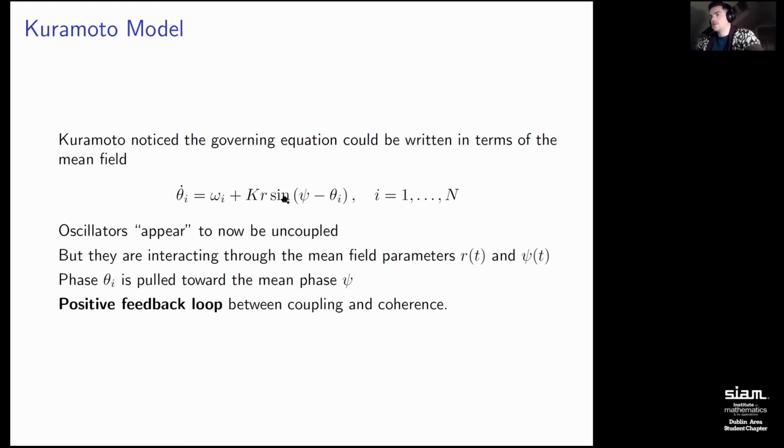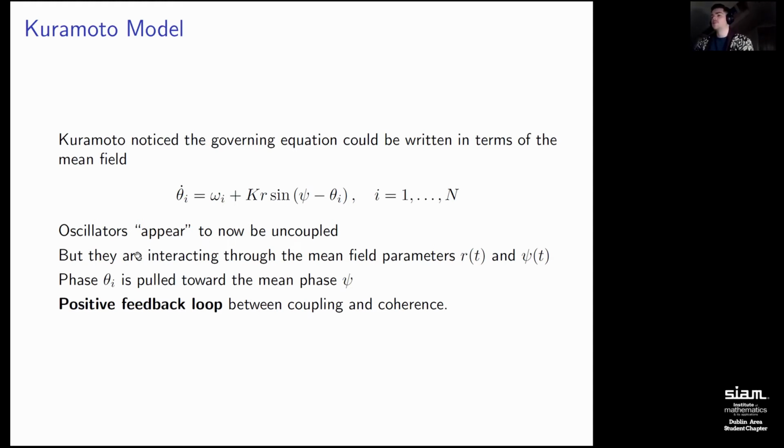It tells the story of the phase transition that Winfrey saw initially: the phase of oscillator i will be pulled along towards the average frequency, the phase of the population.